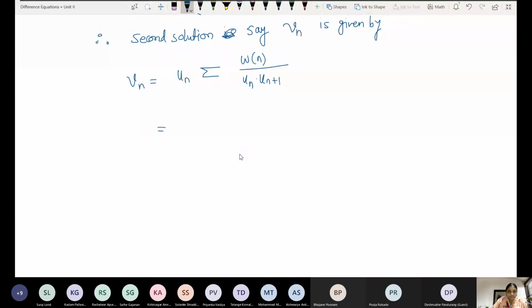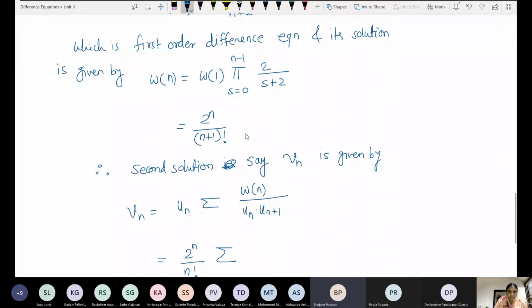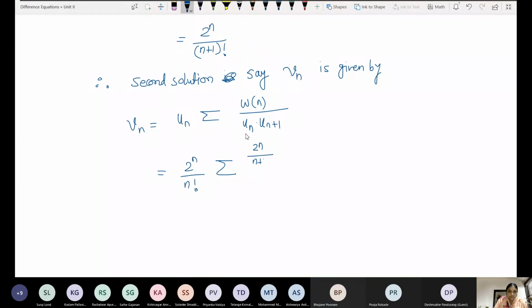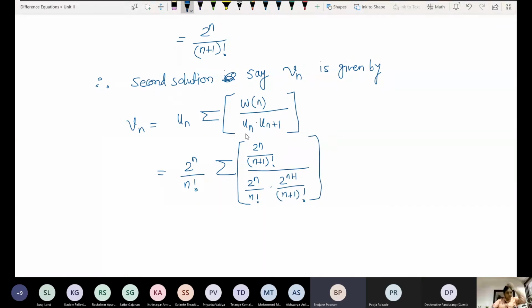What is wn? 2 raised to n upon n plus 1 factorial, divided by un, 2 raised to n upon n factorial, 2 raised to n plus 1 upon, n factorial divided by 2 raised to n plus 1.